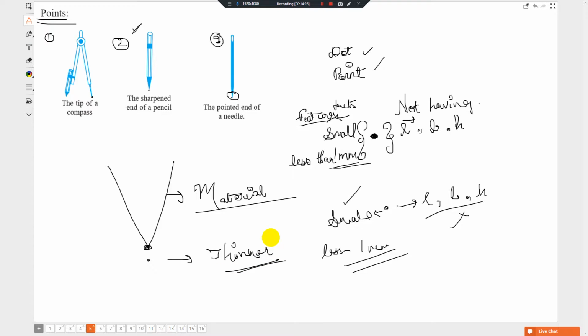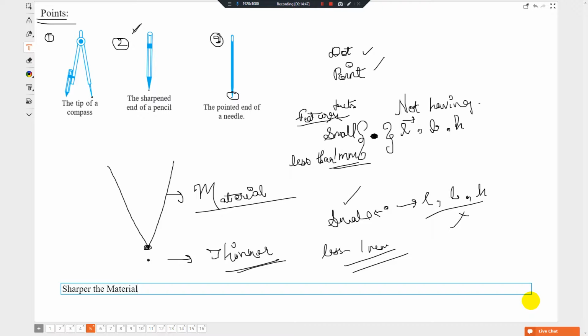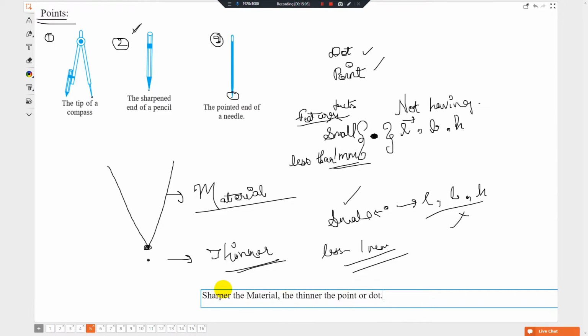So what is the main thing we have learned? The sharper the material, the thinner the dot, point or dot, right?